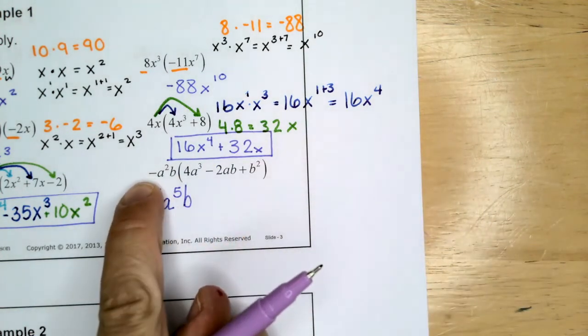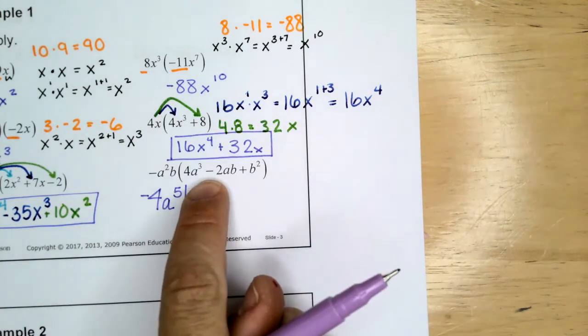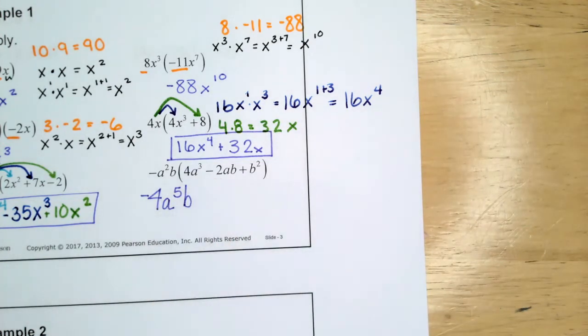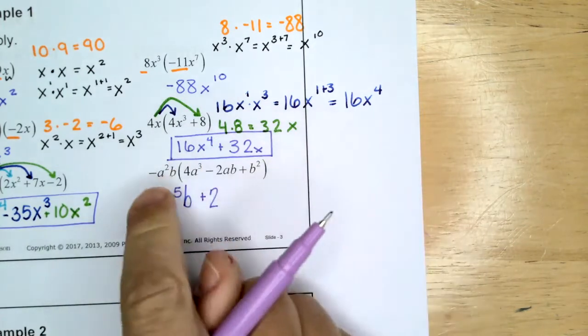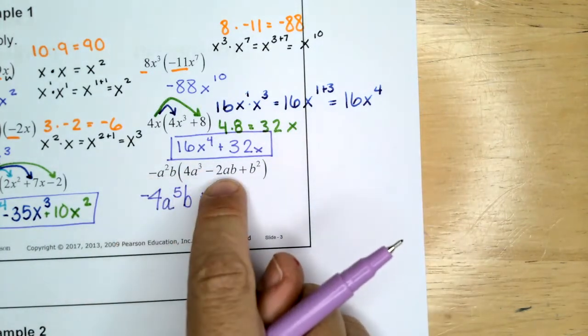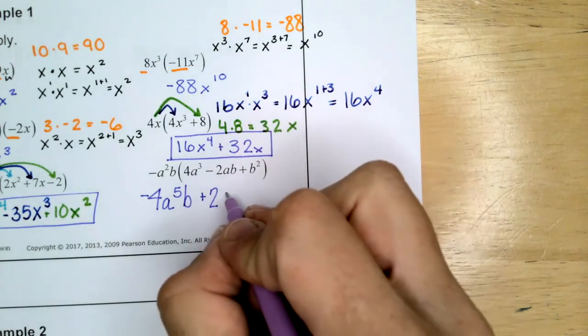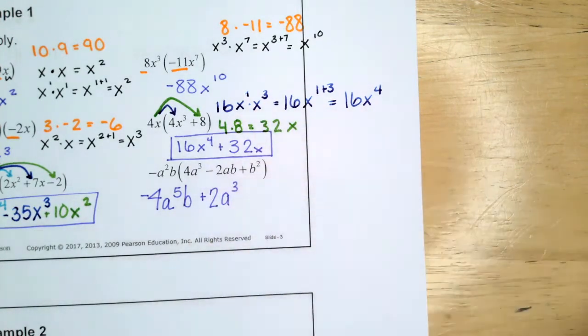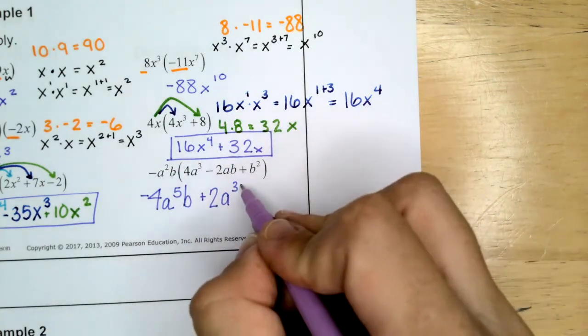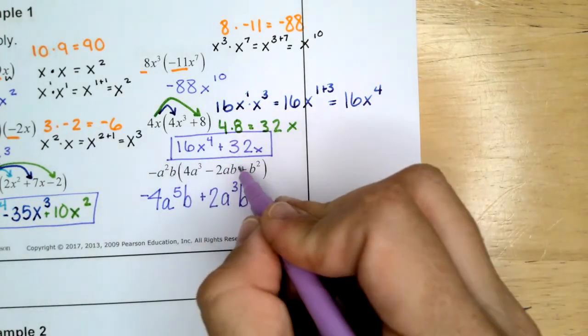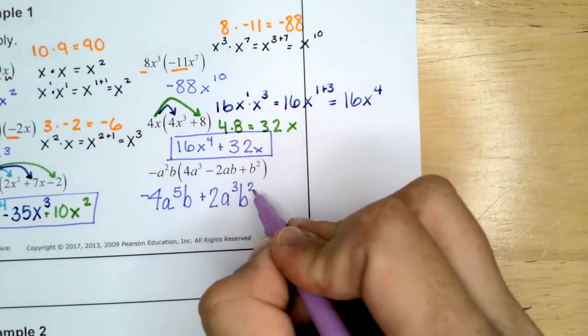Now we have a negative times a negative 2. That will give us a positive 2. A squared times a, we're just adding those, a to the 3rd. B times b, b to the 1 plus b to the 1 is b squared.